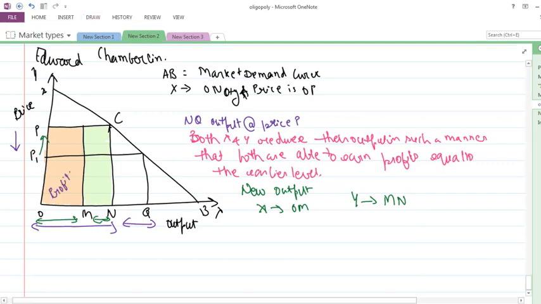Profit of X, and this is profit of Y. And in this manner both the firms are able to earn the maximum possible profit.